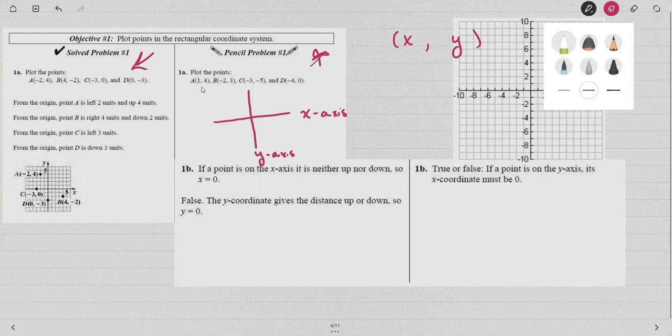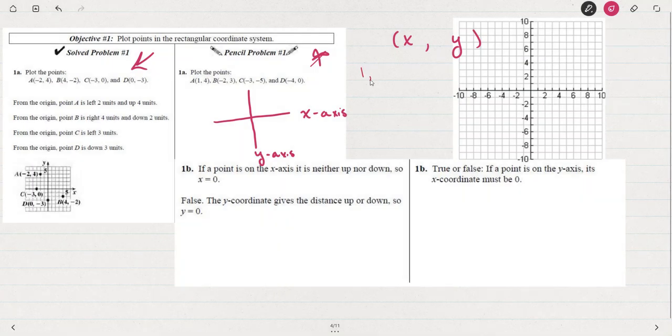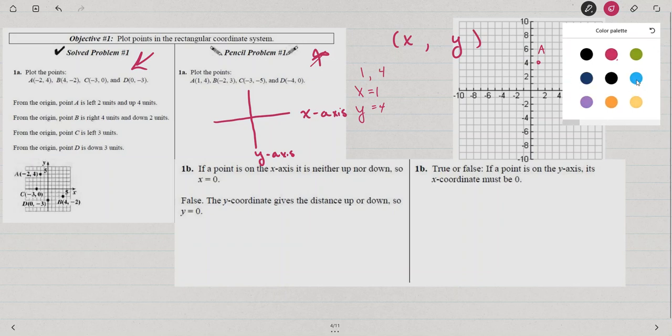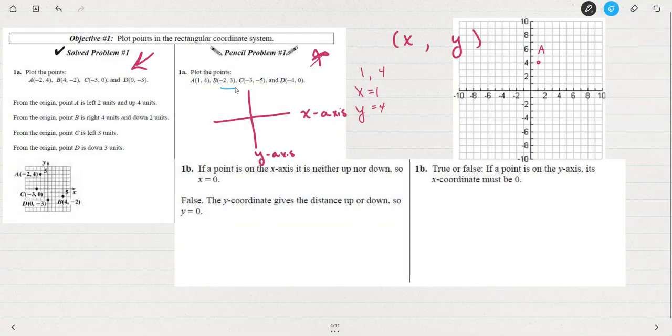What I'll do is graph first the 1, 4, so that means x is 1 and y is 4, so I go right 1 and up 4, and that is point A. Point B, x is negative 2, y is positive 3, so point B would be this blue point.